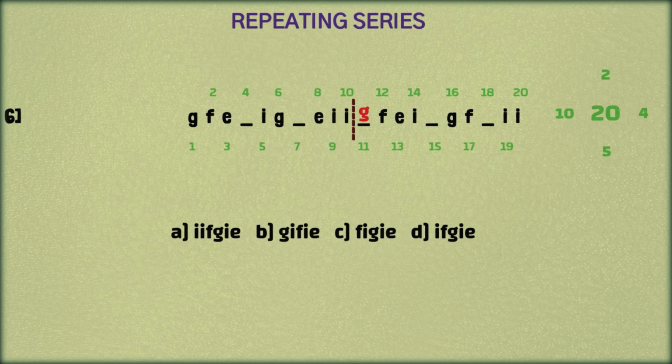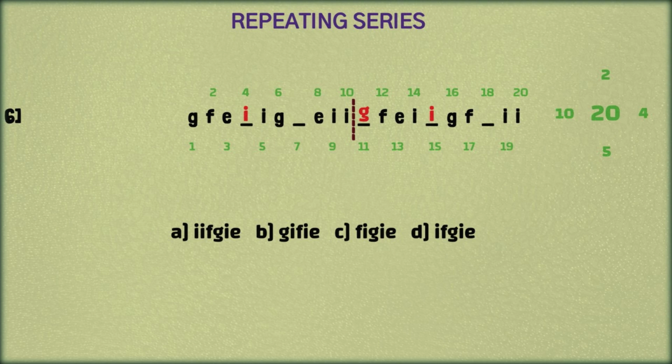Again, using the similarity concept, in the first half of this series, we can assign the first blank spot with the letter I. And if we do so, G, F, E, I will be the similar letters in both halves of the series. Again, if you observe closely, G, F, E, I, G can be very similar to the second half's G, F, E, I dash G if we substitute I in the second half also.